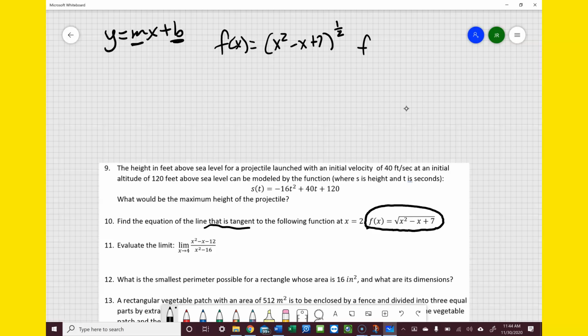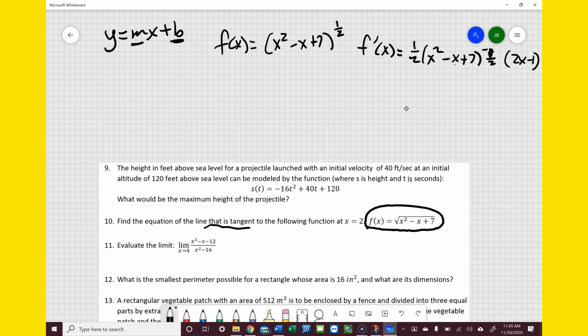The derivative is 1/2 x squared minus x plus 7 to the negative 1/2. And then I have to do the chain rule, so that's going to be times 2x minus 1, right? That's what the derivative of the inside piece is.